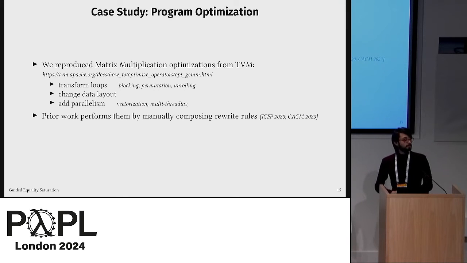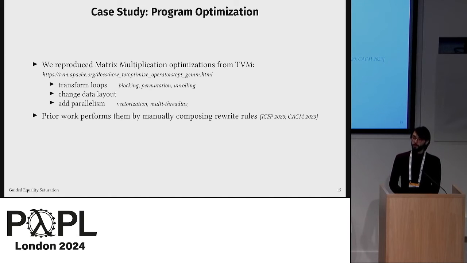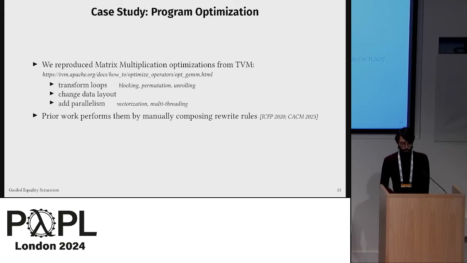So we can scale our approach even further by looking at matrix multiplication optimizations from a compiler called TVM. So TVM is a specialized compiler for machine learning, and it has a tutorial in which they explain how to optimize matrix multiplication in their framework.